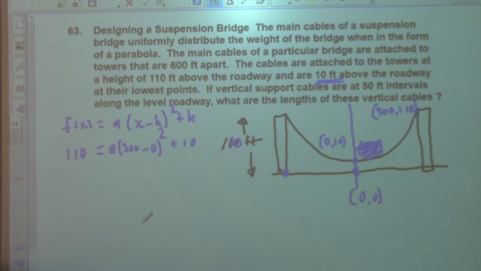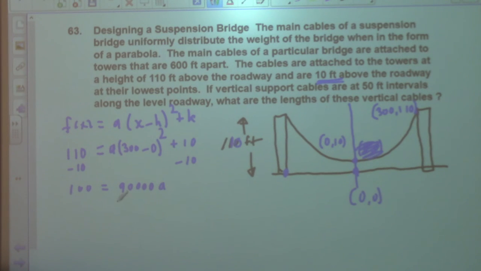Okay, so we have that, and now we can go ahead and subtract 10. So we get 100 is equal to 90,000 a. What's 300 squared? 90,000. Wow.